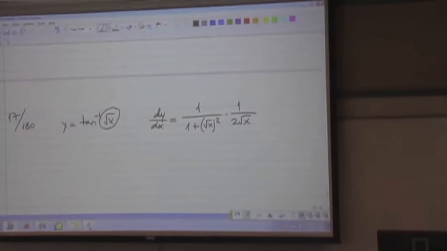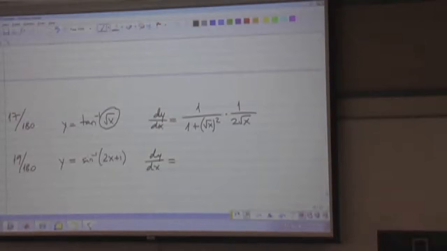Okay. 19. Since you have so much fun, y equals sine inverse of the quantity 2x plus 1. dy over dx is, again, two words.